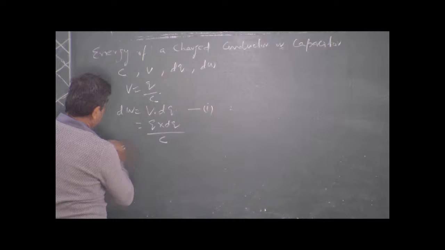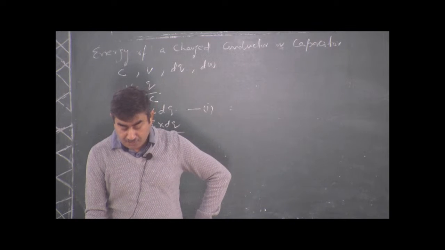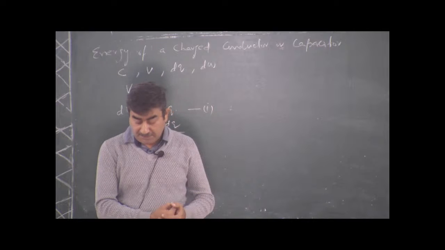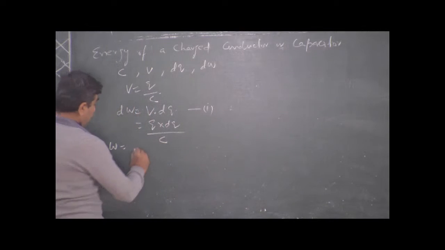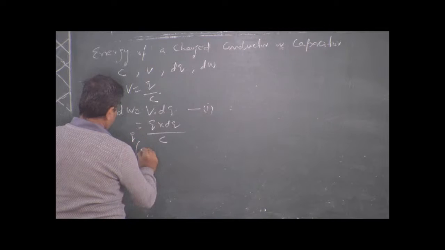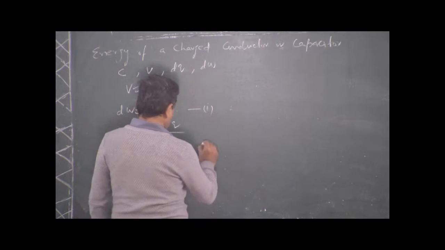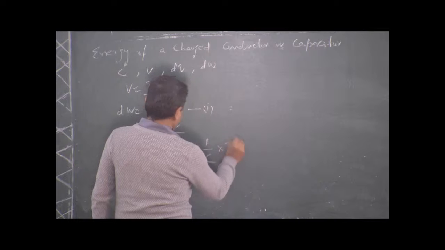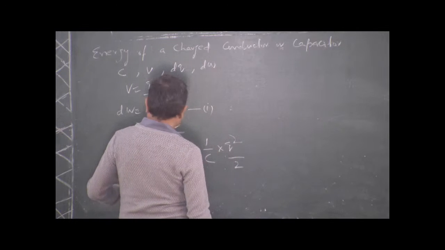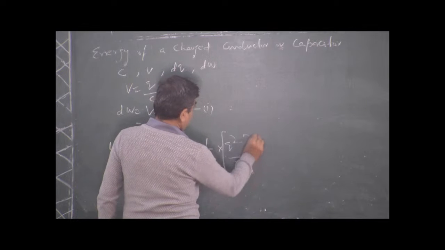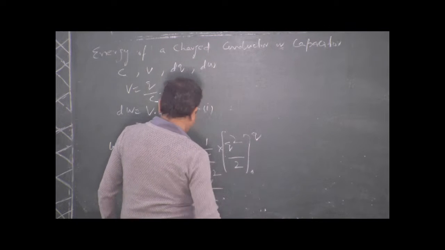If W is the total work done in giving total charge Q from zero charge state, then W will be equal to integral between limits 0 to Q, Q dq by C, or it is equal to 1 upon C common, integral of Q dq, Q square by 2, and between limits 0 to Q, so it will be again Q square by 2C.